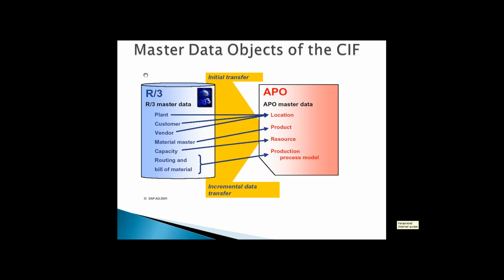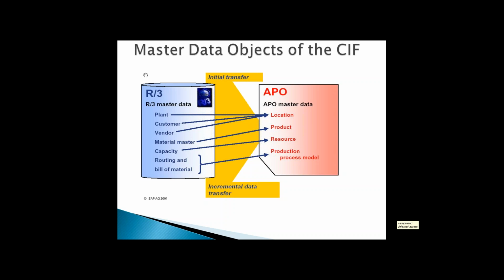These two combinations will be called as PPM in APO, production process model, or PDS, production data structure. PPM is an older version. Nowadays SAP is suggesting to go with PDS, not PPM. It is not obsolete, people are still using PPM for older implementations.